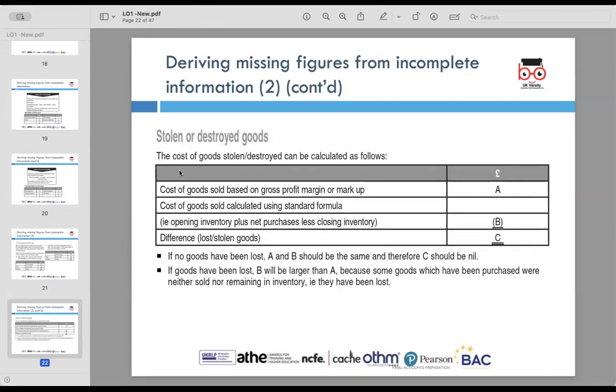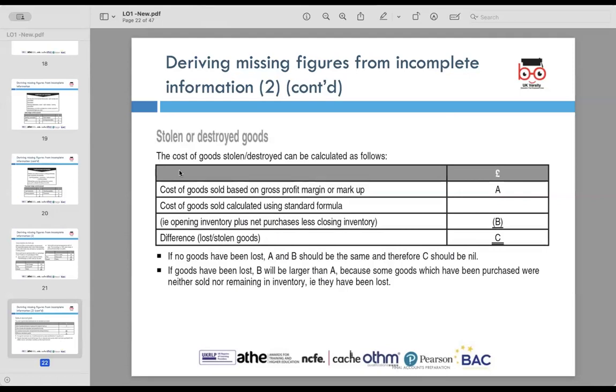Stolen or destroyed goods. Another challenge in incomplete records involves calculating the cost of goods stolen or destroyed, which impacts the calculation of cost of sales and overall profitability.